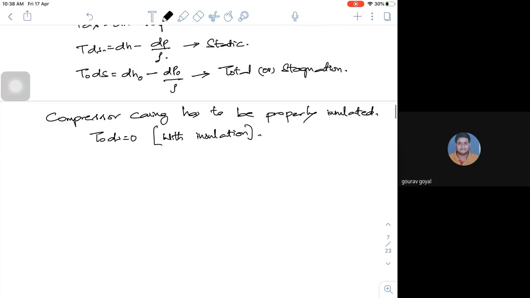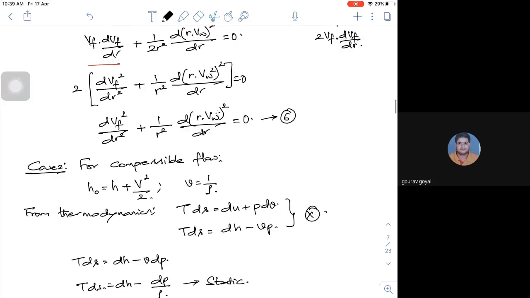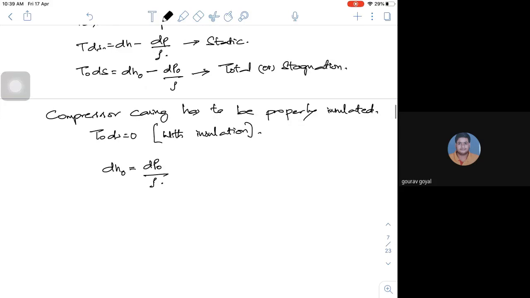What will happen to this equation? If TdS is equal to 0, the equation turns out to be dH naught is equal to dP naught by rho. Fine, this is for now. Let me call this equation 7.